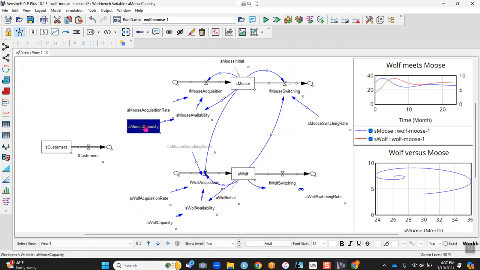So whatever's flowing out from the customer base is going to be the new capacity. It's going to be splitting off into moose. Some fraction will be in moose, and the rest will be in the wolf.